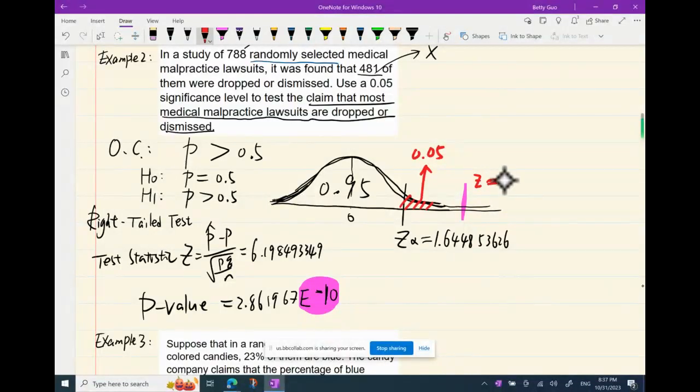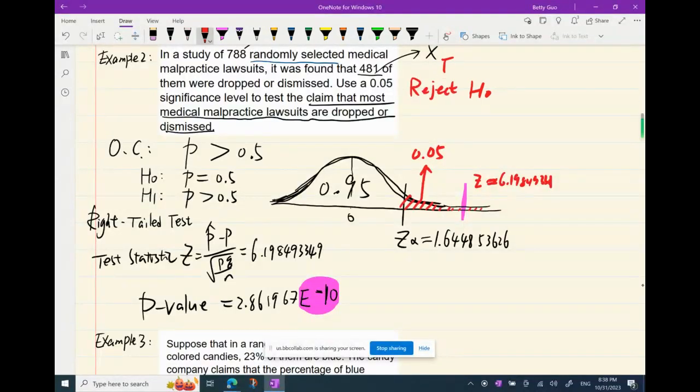I don't want to round it. It means the value is around 6.2 standard deviations above the mean. Very, very extreme, right? In this case, our test statistic falls in the critical region. So are we going to reject the null or fail to reject the null?